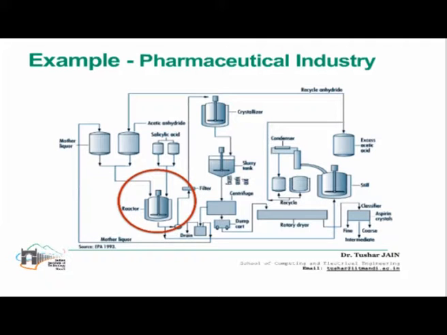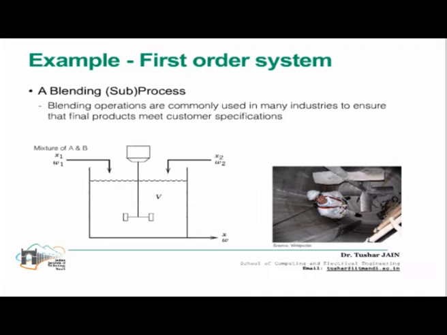So here you could identify the very first sub process, called the reactor, which is highlighted in red color. Okay. So if we concentrate on this reactor, we'll see it in the next slide. This is also called a blending process where the mixing of either 2 or 3 materials is done so that we can have the possible or desired outcome, whatever we want.